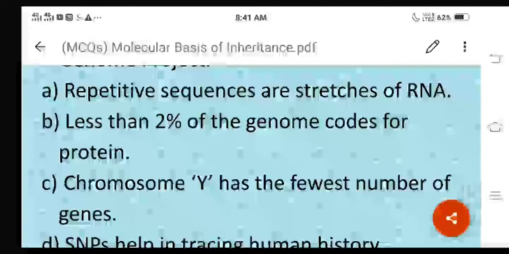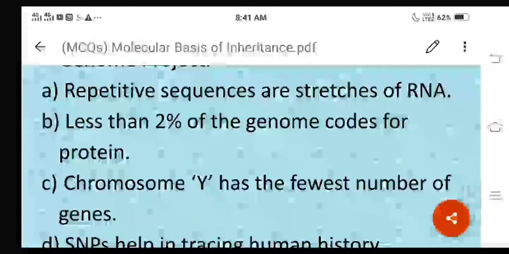This is the wrong statement because repetitive sequences are stretches of DNA. Then statement B, less than 2% of the genome codes for protein. This is correct. Then third one, chromosome Y has the fewest number of genes. This is also correct.